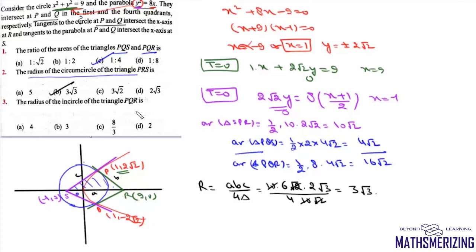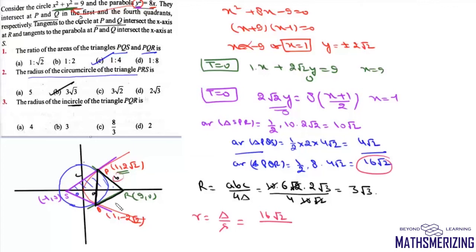Now for this triangle PQR, we need to find radius of incircle. We know that radius of incircle is simply delta upon s. What is the area of triangle PQR? Area of triangle PQR is 16 root 2. And what is the value of s? s is semi-perimeter.